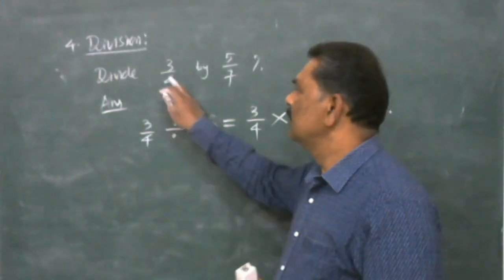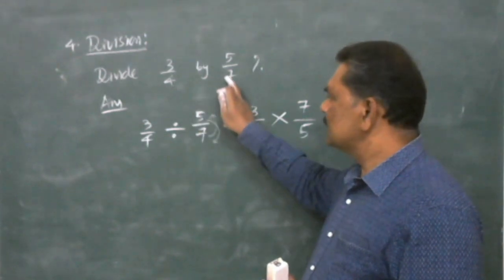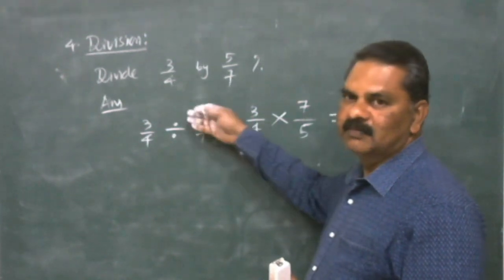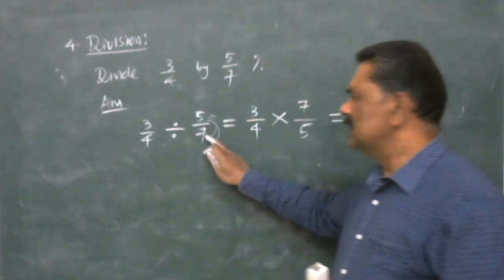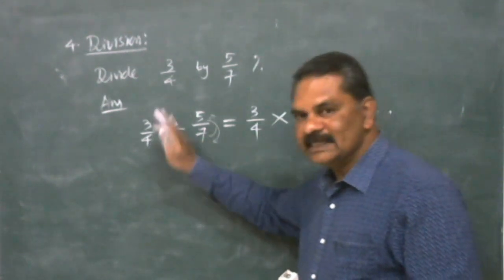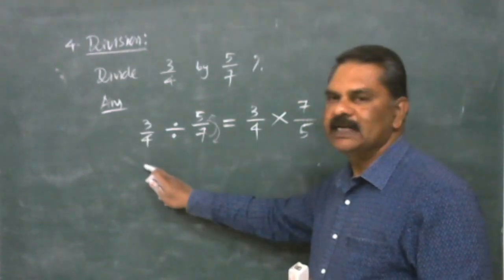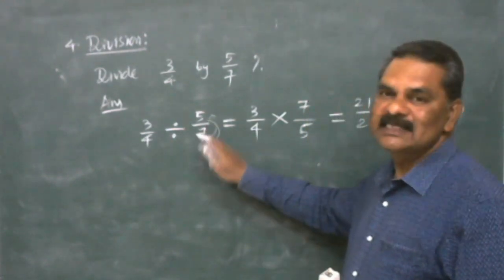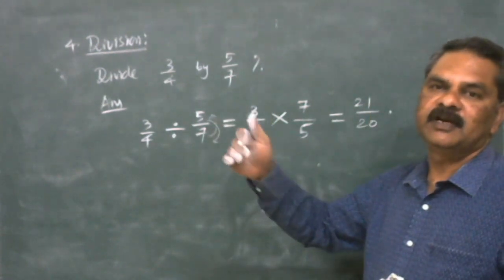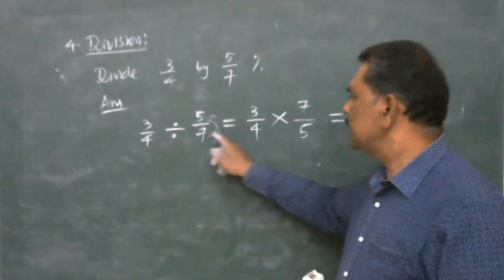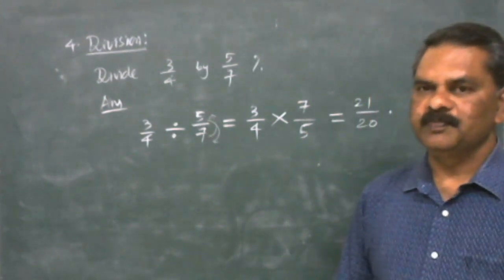It is very important. First fraction as it is, you should write, and the second fraction we have to multiply. Okay, so dividend, divisor. Dividend as it is, no change at all. Only the divisor you need to change. Numerator and denominator, denominator and numerator, and multiply using the multiplication rule.